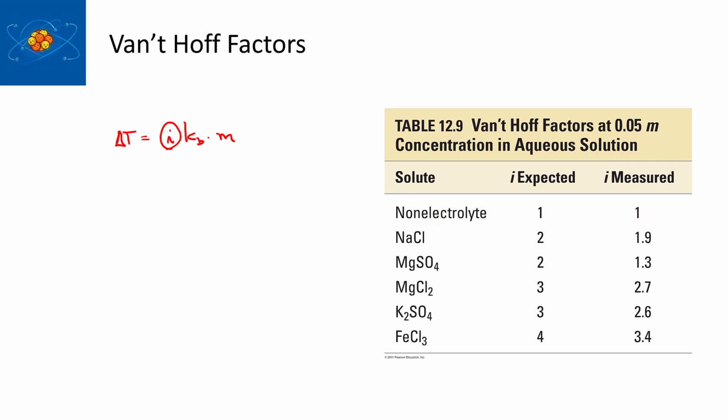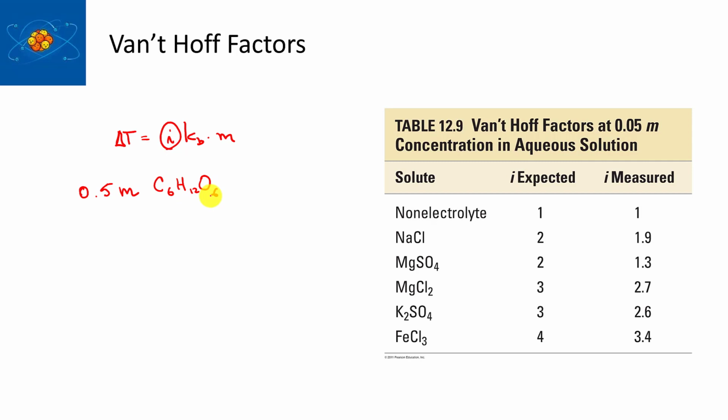So how would you calculate a boiling point or a freezing point change as a result of having a non-volatile solute? So suppose you had a 0.5 molal solution of, let's say, glucose. So that's C6H12O6.